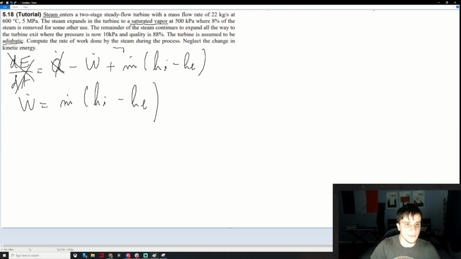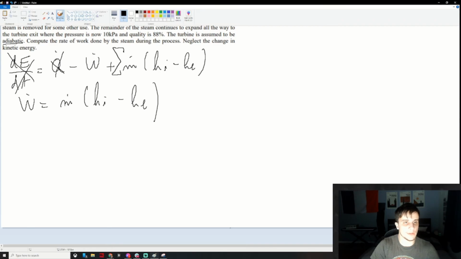But normally, it's the sum of the internal energy at the inlet minus the sum of the internal energy at the outlet, or well, total energy if you want to consider kinetic energy and potential energy. It's the sum of total energy at the inlet minus the sum of the total energy at the outlet. So actually, we'll rewrite it this way.